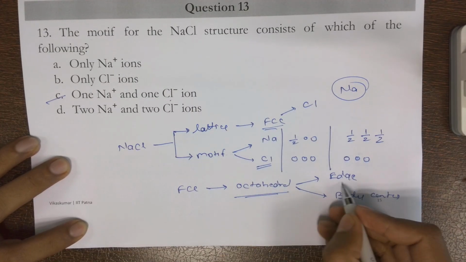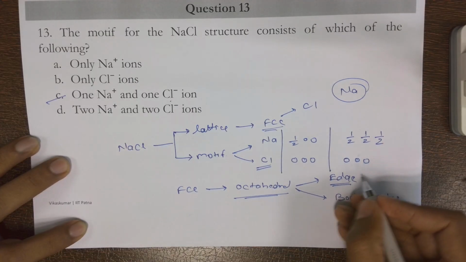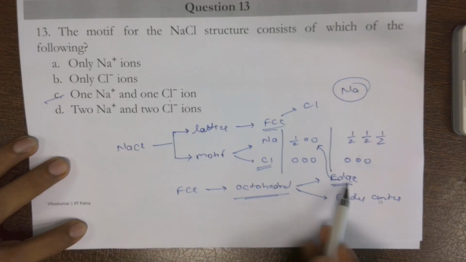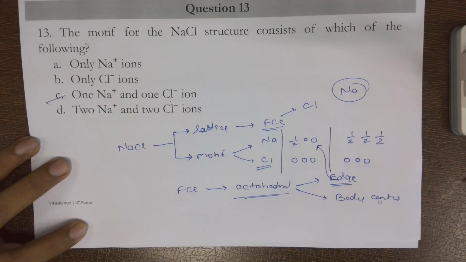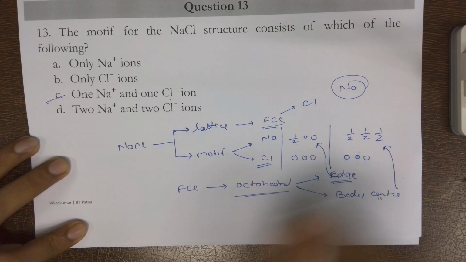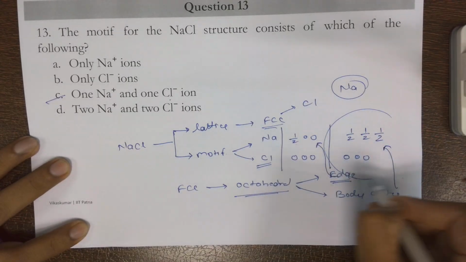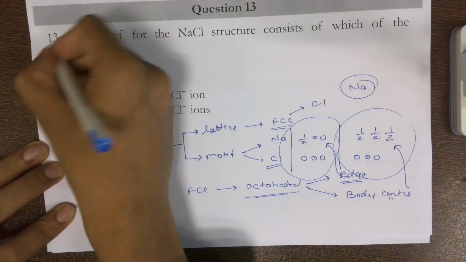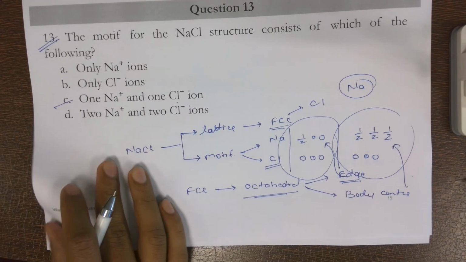So this octahedral void is sitting at the edge, then we write it as, if we are considering the edge, half. So any one of this particular thing we can write. Question number 13. Let's move to the next part, question number 14.